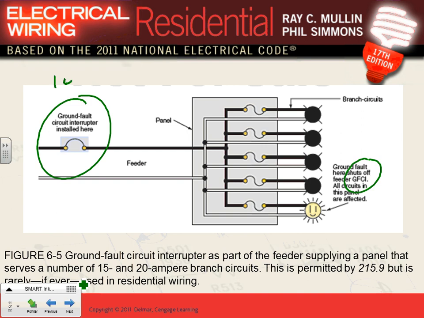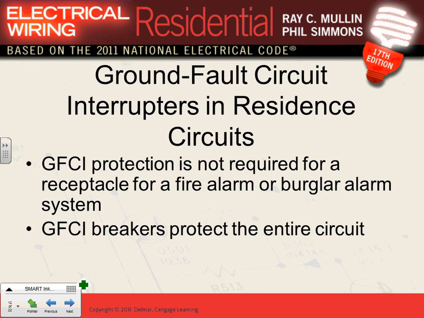You put a GFCI, or earth leakage they call it, on a 100 amp, and rate it for 30 milliamps. So what happens if you have enough leakage in your system? This will trip, and you lose power for the whole house. That's why we distribute the GFCIs here. I think it's a better way. If a GFCI trips, you don't lose your lights. So just be aware that you can put them on a feeder too.